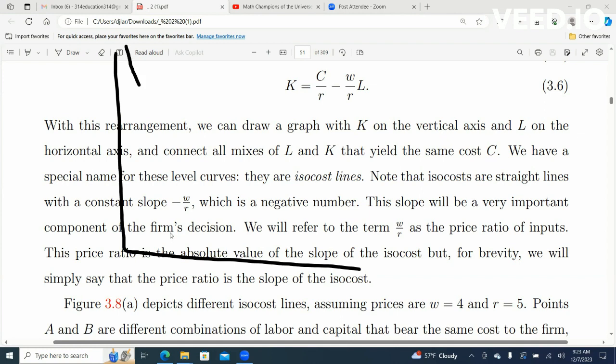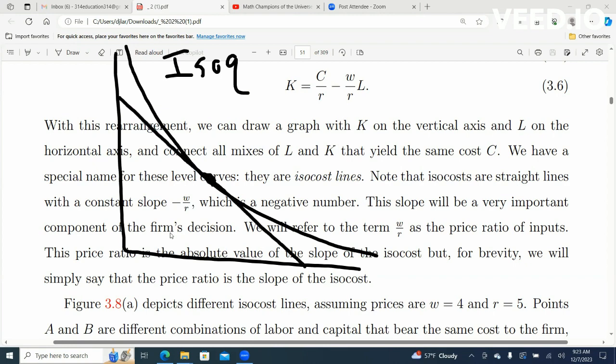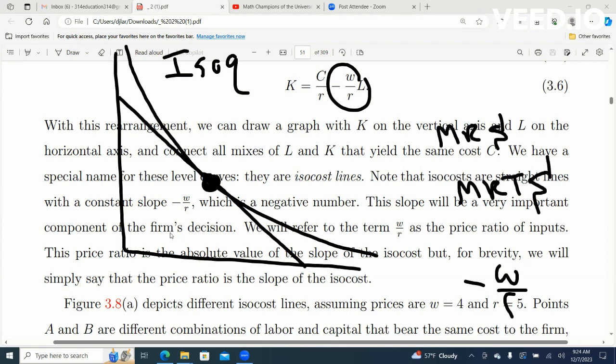If we have an isoquant, and then if we have an isocost, the slope of the isocost is negative W over R. And we know that the MRTS, from the last section, is going to be reflective of the slope of the isoquant.